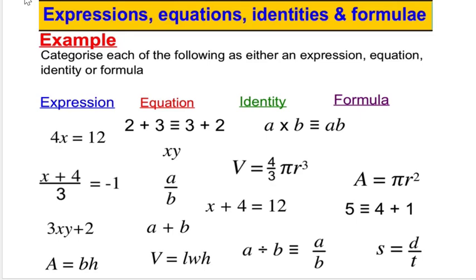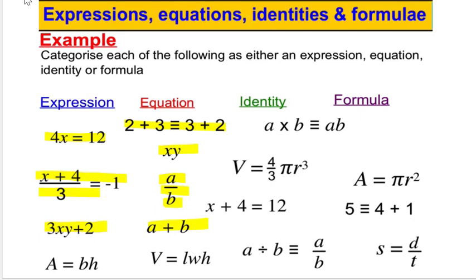If you look at it, it's quite easy to do that. 4x equals 12, that's an equation. 2 plus 3 or 3 plus 2, that's an identity. x plus 4 divided by 3 equals negative 1, that's an equation. xy is an expression because there's no equal sign. a divided by b, that's an expression again. 3xy plus 2 is an expression, a plus b is an expression, there's no equal sign.